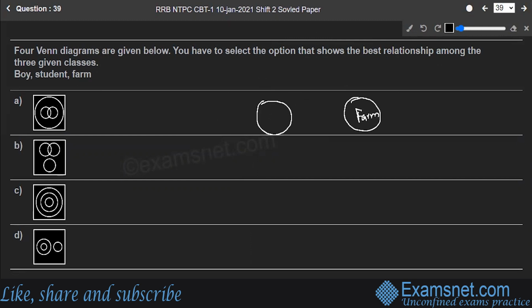This is a boy. This is a student. So a boy may be a student. A boy may not be a student, right? Similarly, a student may be a boy. A student may not be a boy. So this is the correct representation, and it matches exactly with option B. So this is the correct answer to the question.